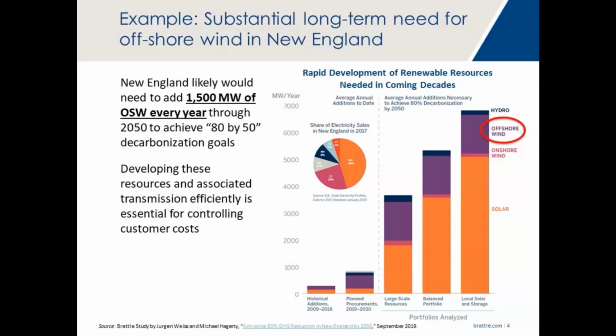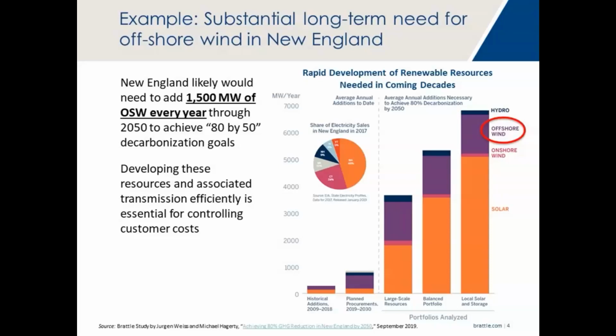This is a slide from a study done by my colleagues that shows, depending on scenario, New England alone will have to integrate between 3,500 and 7,000 megawatts each year over the next 30 years to achieve the 2050 economy-wide decarbonization goals.